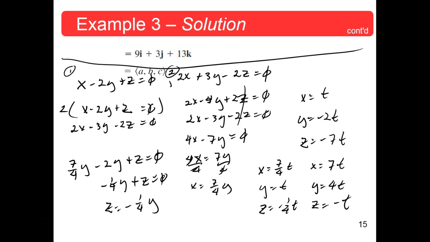Sorry about that. When you multiply by 2... Let's see. I may have just even written down something wrong. Let me make sure I wrote it right. It was a negative 3y.